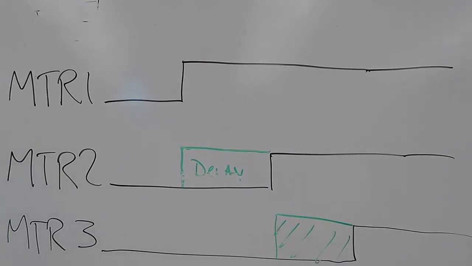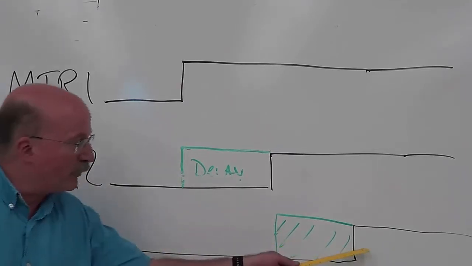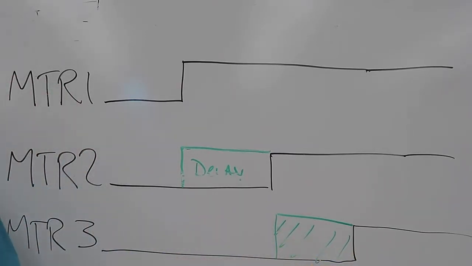And if I do not enable motor 2 off delay until motor 3 comes on, it'll sit there and shut down immediately if I stop it anywhere during this delay period. And the key is what you use to enable the timers.